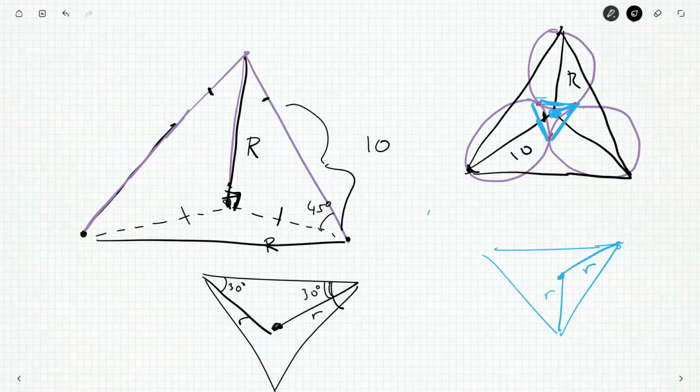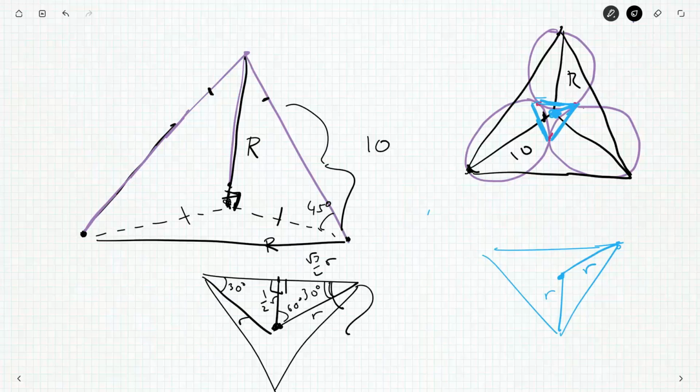And I can figure out the side. Although I suppose I could just drop a perpendicular and get 30-60-90 triangles. And so then this would be 1/2 R, and this would be root 3 over 2 R. And so the sides here are going to be 2 copies of root 3 over 2 R, which is just root 3 R. Okay.